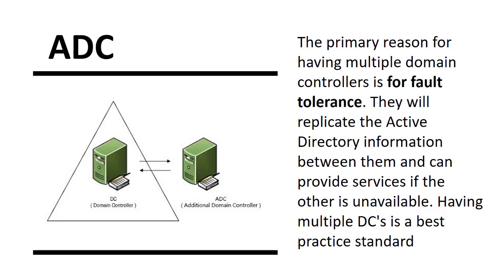I recommend you have at least two domain controllers in your environment. One is your primary domain controller, and the other one is your ADC, also known as the additional domain controller. They exchange their information every 5 to 6 seconds, and this process is called replication, as you can see from the picture.